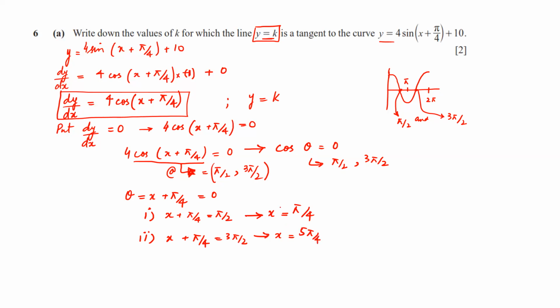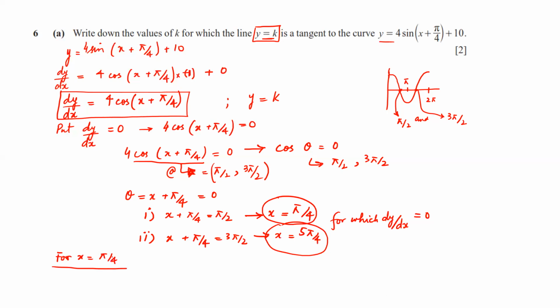So these are the two values of x for which my derivative dy by dx will be equal to 0. Now you have to find the value of k. So this line is intersecting with this curve. If both are intersecting, the point of intersection, first of all, for x equals to pi by 4.